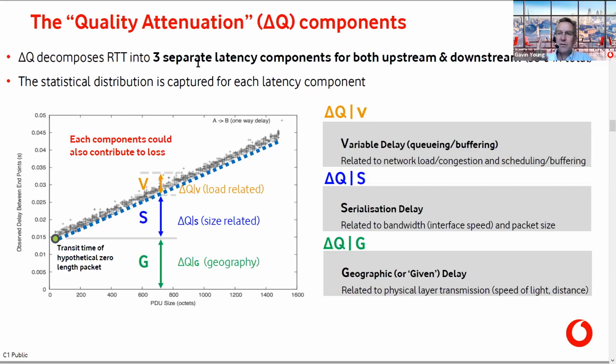So instead of a single metric of a round trip time, we now have 6 separate components, 3 upstream and 3 downstream. And particularly for the V component, these are not scalars. We gather these as statistical distributions, and that gives us a much greater insight into the network performance.